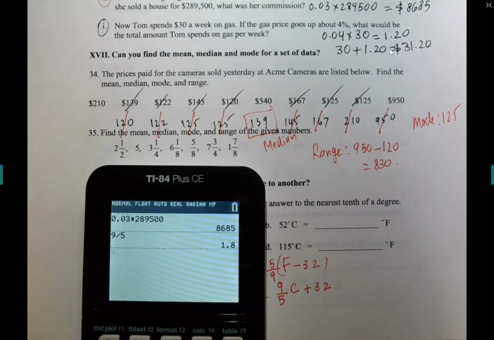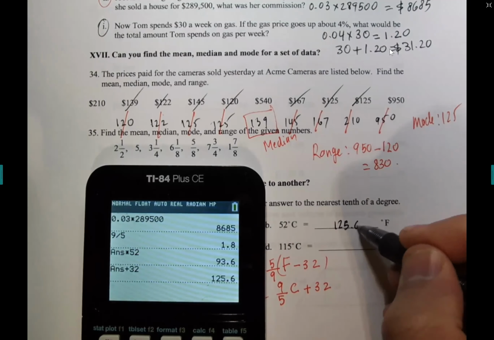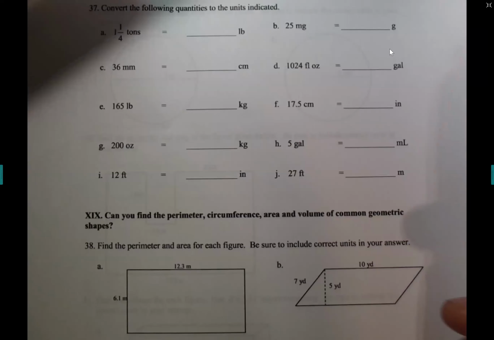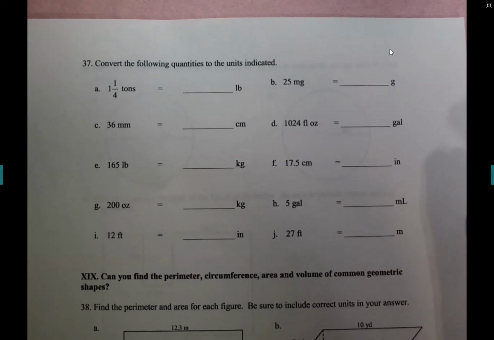Then you multiply by 52. And then you add 32. That's very hot, 125.6 degrees. So I'm assuming you will be provided with the formulas if you are asked to do anything like that. And right here probably as well.